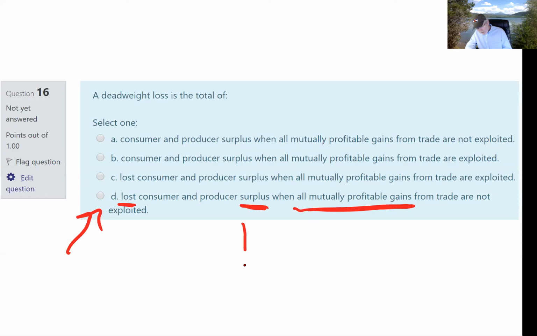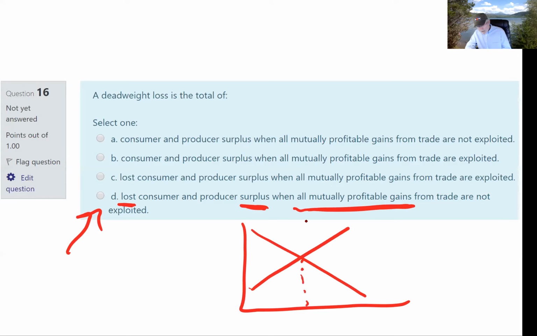If we're talking about a tax, we impose a tax on the producers, just like in the previous example. What happens because of the tax? The quantity decreases.